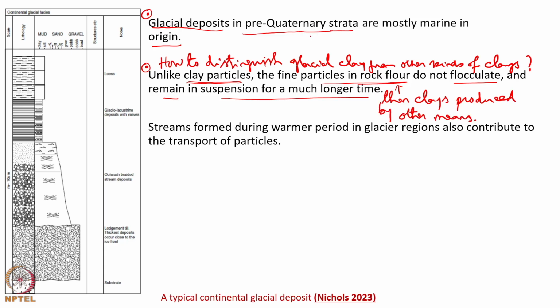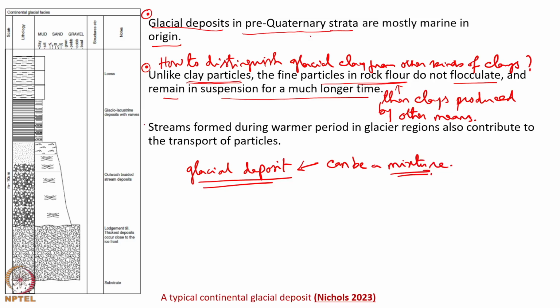Now, one interesting point is that when we say glacial deposit, there is a good chance that this deposit can be a mixture of glacial material and some non-glacial material. In what way? This is the answer here. Streams formed during warmer period in glacial regions also contribute to the transport of the particles.